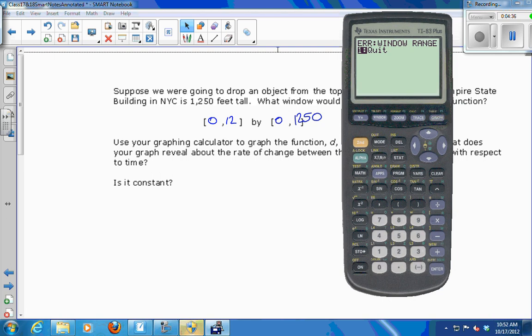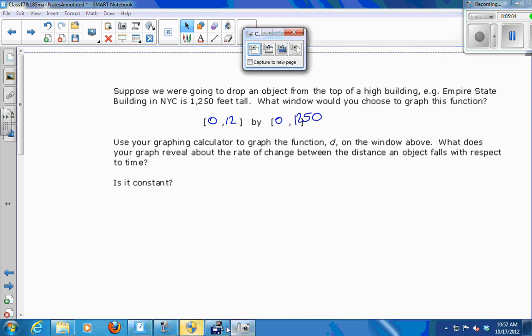Graph. Oops, what did I do? Oh, whoops. There we go. Okay, so that's our distance traveled. So let's take a picture of this so we can draw on it.